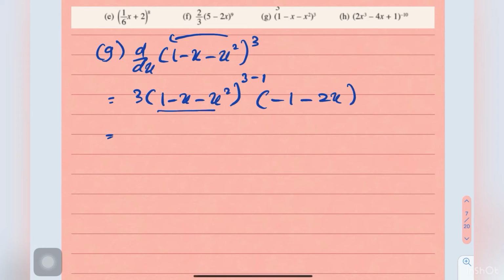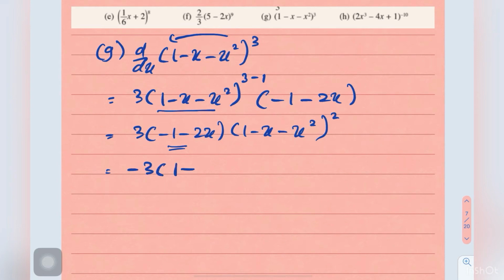Okay, we simplify. We get 3 times negative 1 minus 2x, (1 minus x squared)^2. Actually, we can express in simplest form. We factorize negative 1, we get negative 3(1 plus 2x)(1 minus x squared).